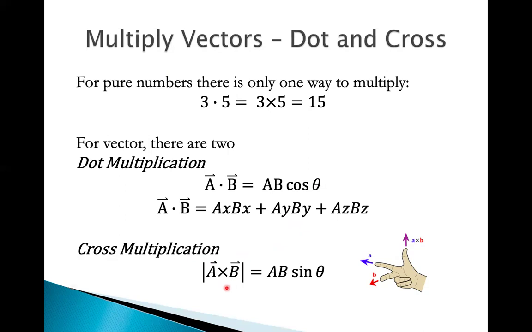The magnitude here is A times B times sine theta, and for the direction, we're going to use what's called the right-hand rule to decide. We're going to introduce that again. And this is more like a heads up, so you know we're going to talk about these multiplications. And here we focus on vector components and vector additions.